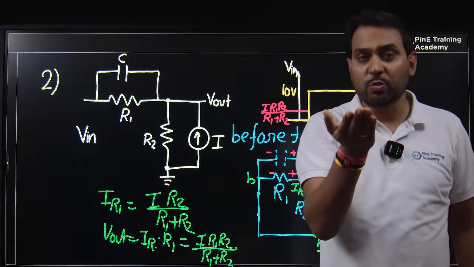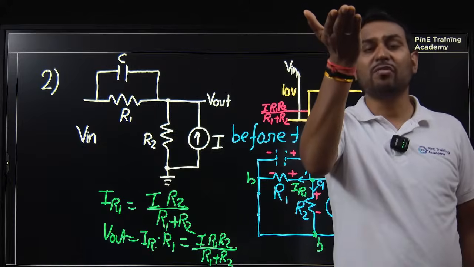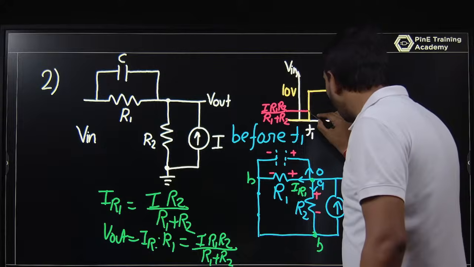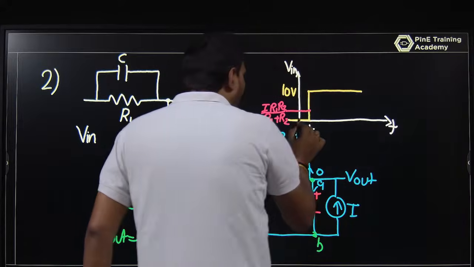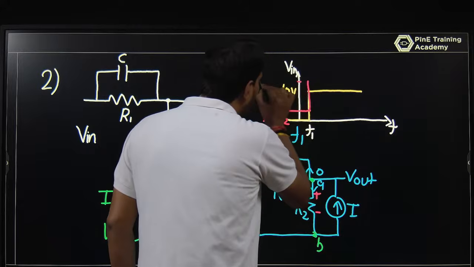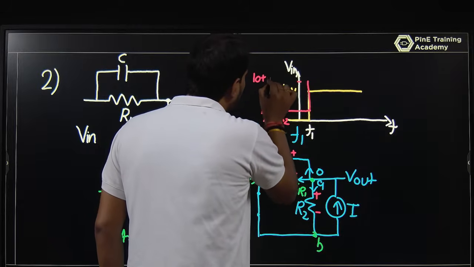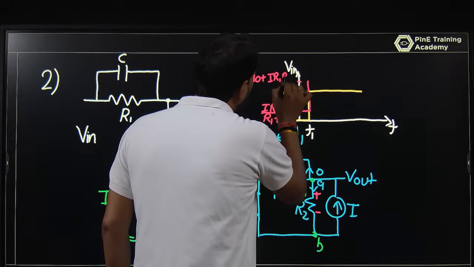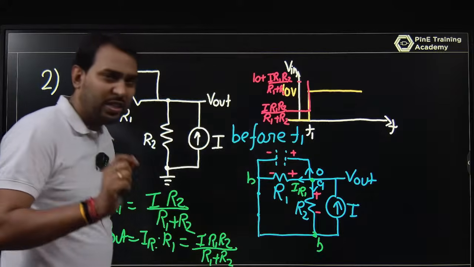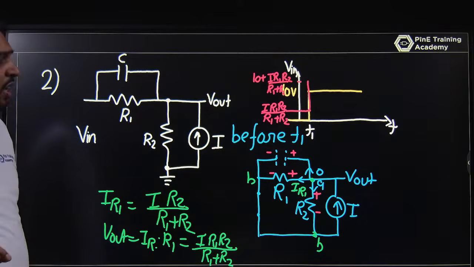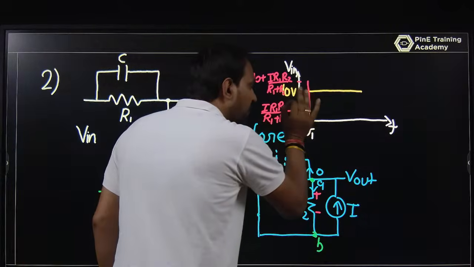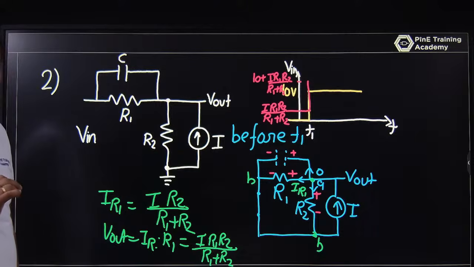So what is the clamp? You have a capacitor and you are adding some voltage, so V out increases. The capacitor voltage remains the same, but V out increases by 10 volt. So the voltage will be 10 plus I R1 R2 upon R1 plus R2. These are very important points. They are very simple, very small points, but these are the questions where you face problems.